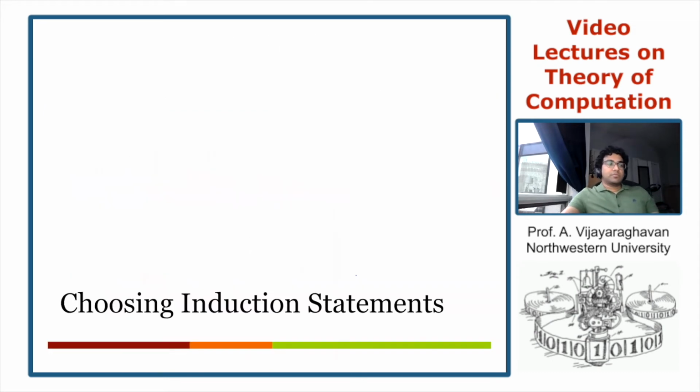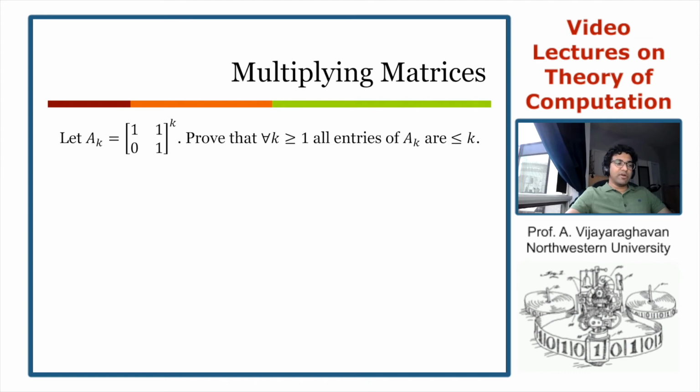Right. Okay, now let's see some interesting examples where choosing the right induction statement will be important. So here's a statement about matrices now. It's again not about numbers per se. Let's look at the 2 by 2 matrix given by 1, 1, 0, 1.